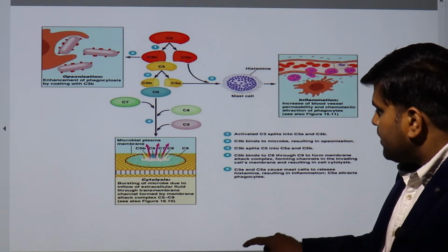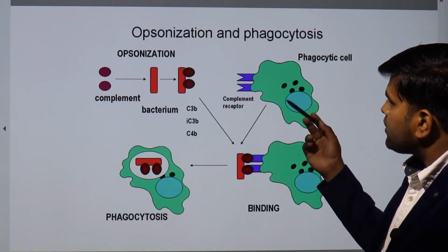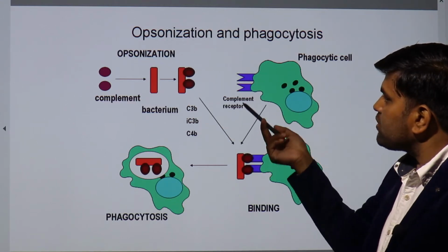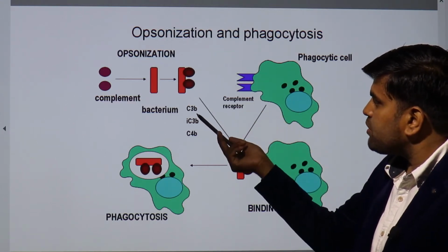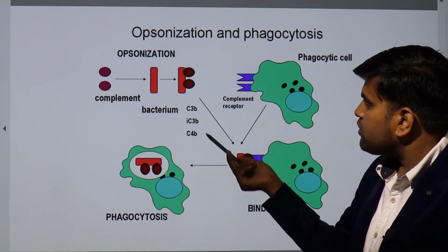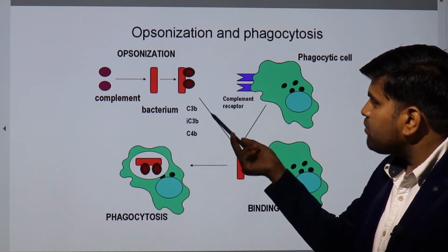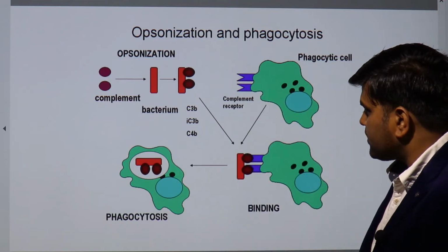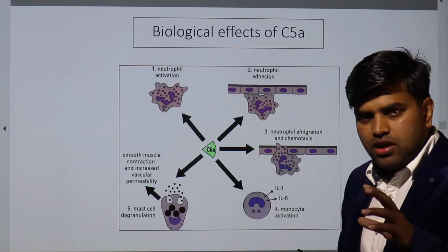Okay, so opsonization, we know, is one way of increasing the killing of the pathogen. Complement has a receptor, one to the macrophages and another to the bacteria. They bind on one side to the phagocytic cell and on the other side to the bacteria and kill the organism. So this is one of the ruthless ways.